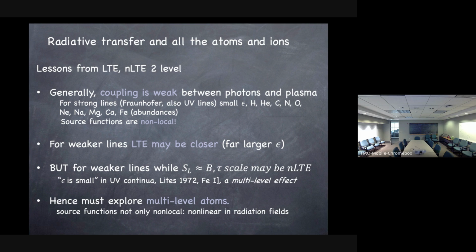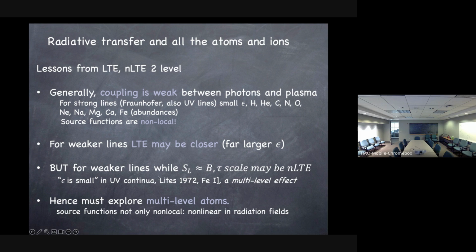They go as some n to some positive power divided by the charge on the ion to some power, like 1. So what this means is that for the weaker lines, LTE can be quite close. So there is strong coupling.